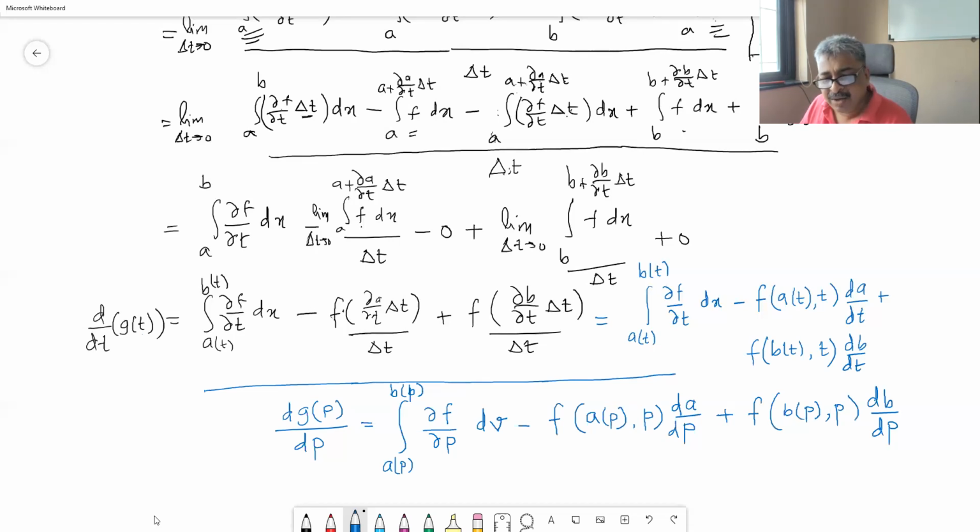So practically everything here is parameter in these two terms, and this term has a variable in it, but the only purpose of that variable is that f will have some variable in it; integrate it with respect to that variable and then put a of p and b of p.